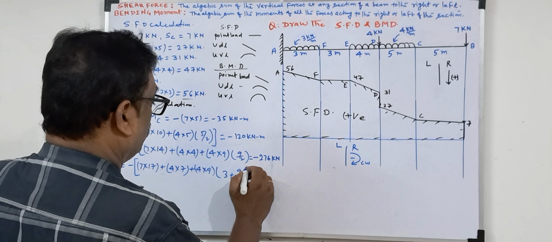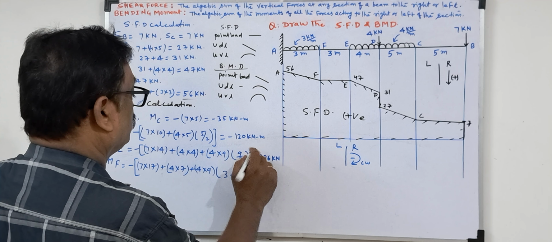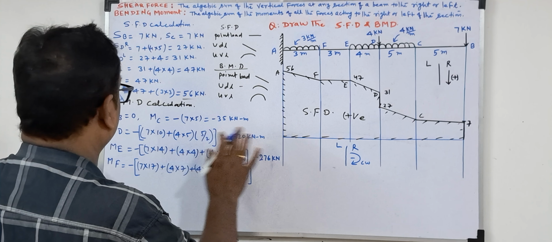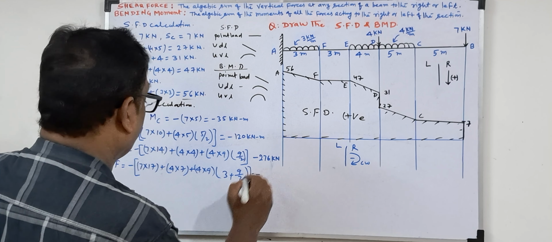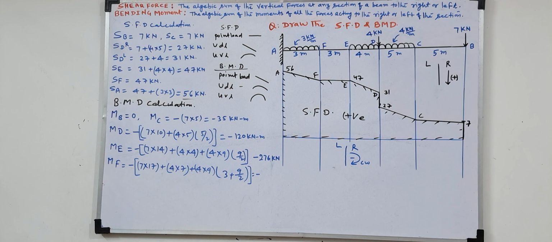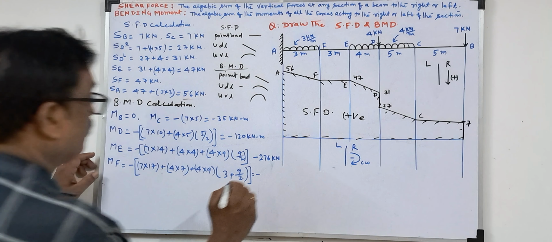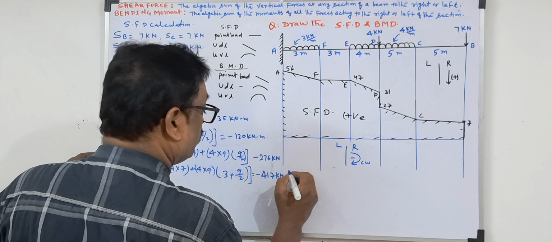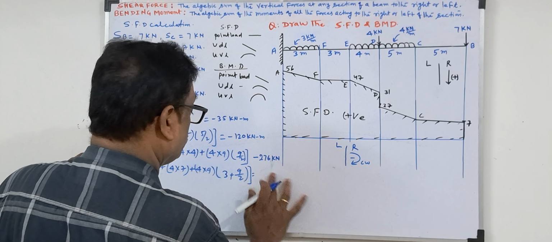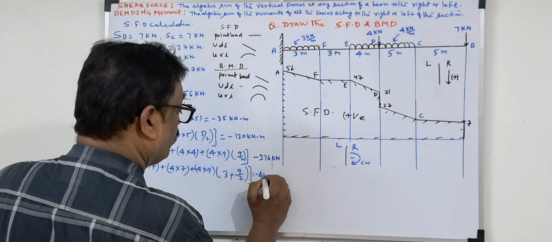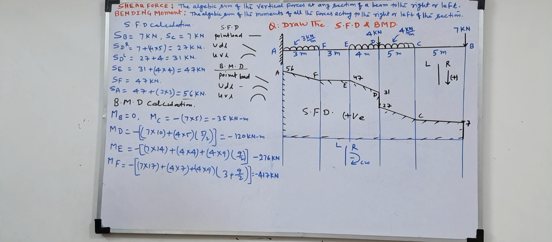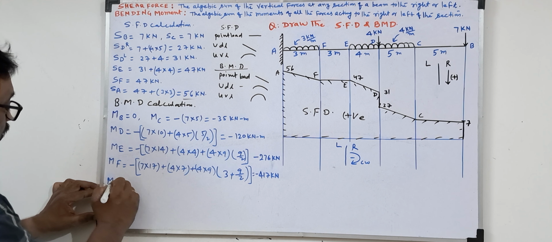Now close the bracket, because we are taking negative. So this value will come minus. Already we calculated this value. MF will come minus 417 kilonewton meter.